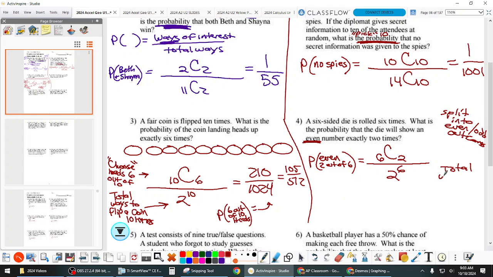So total ways to roll even or odd 6 times. Okay, and then this is the number of ways to pick 2 of 6 numbers.